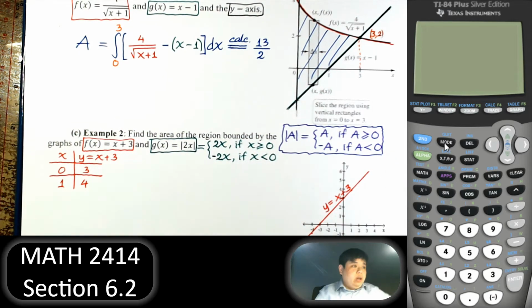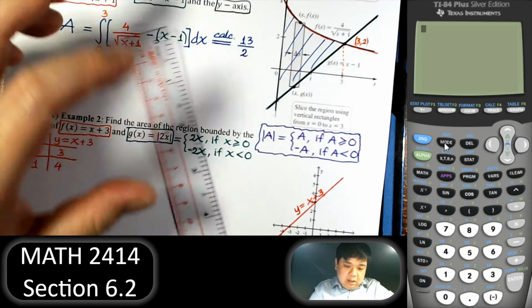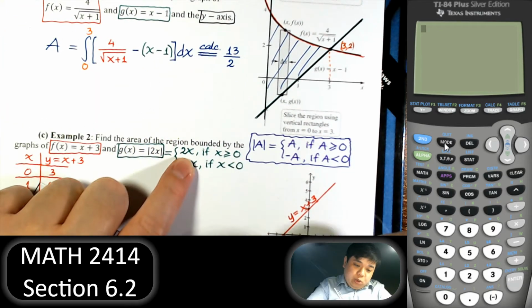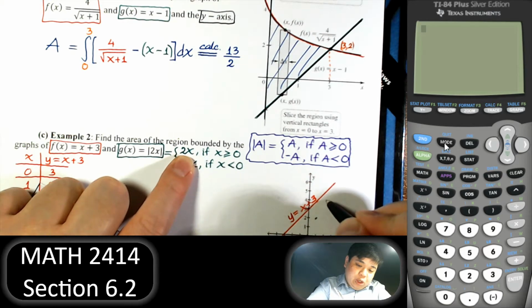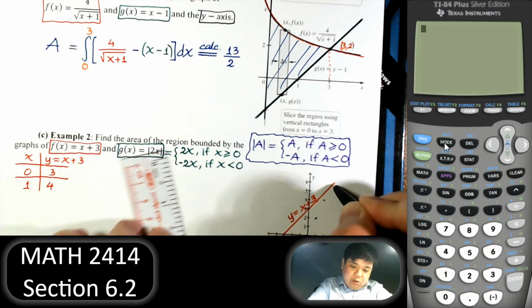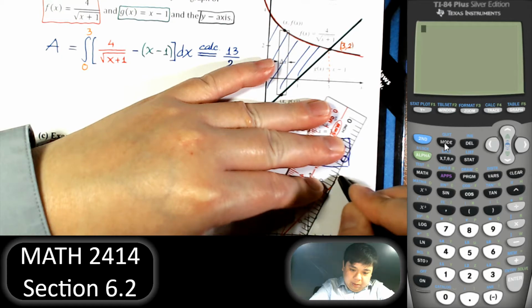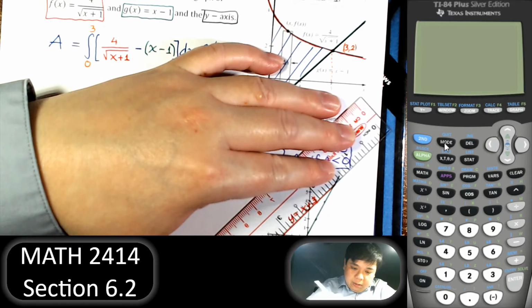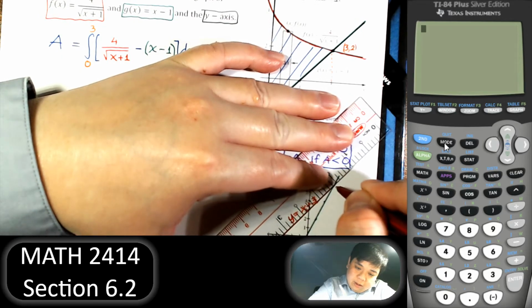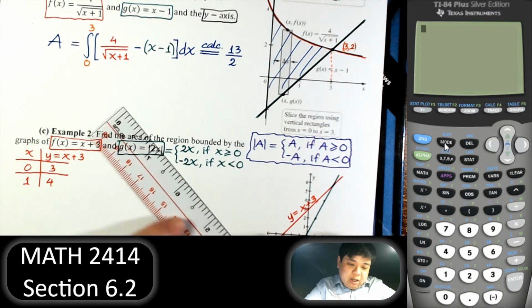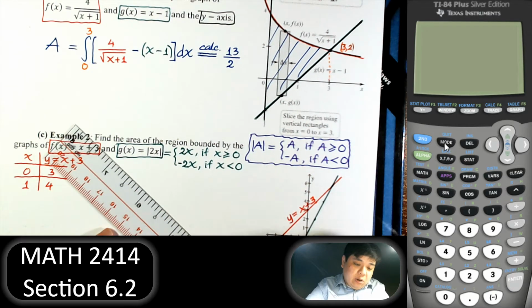Right, so we have two parts of the function. First one, 2x: x equals 0, y equals 0; x equals 1, y equals 2; x equals 2, y equals 4, and so on. And then negative 2x: x equals 0, y is 0; x equals 1, y is negative 2.